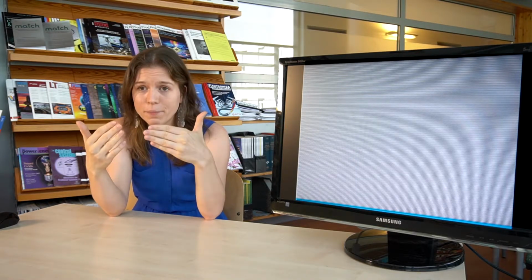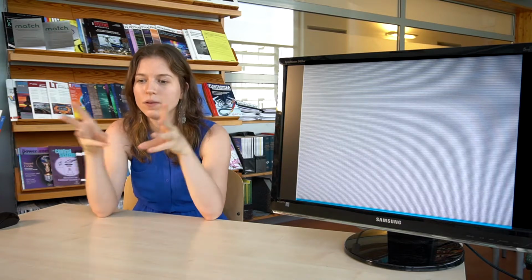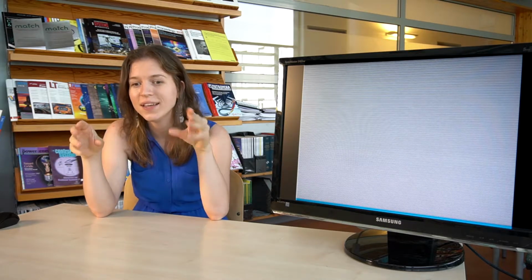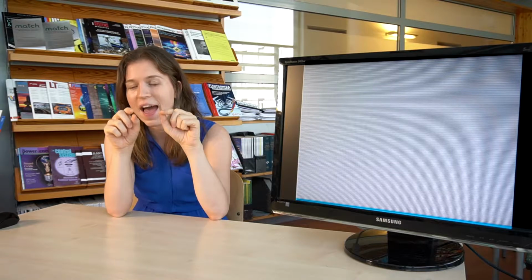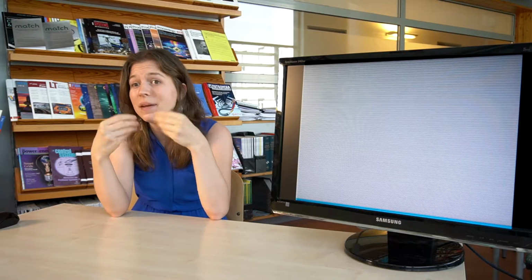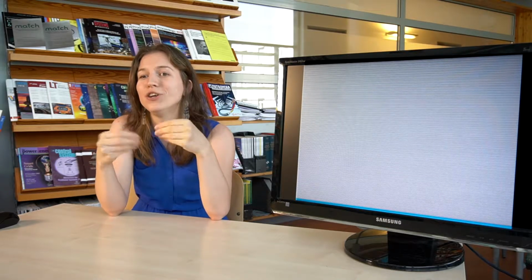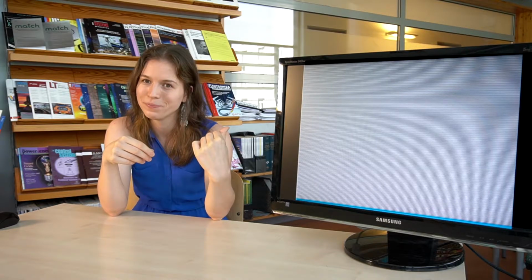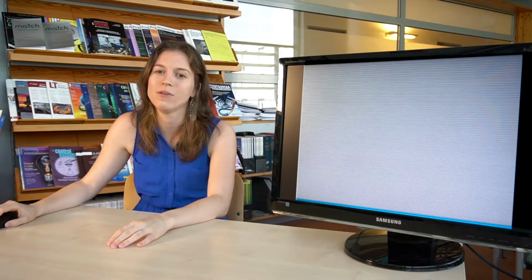It is undersampling. Or when you are playing with your screen, then in the screen you have the pixels, and the pixels might not be small enough to show these stripes. So this is what it's all about.